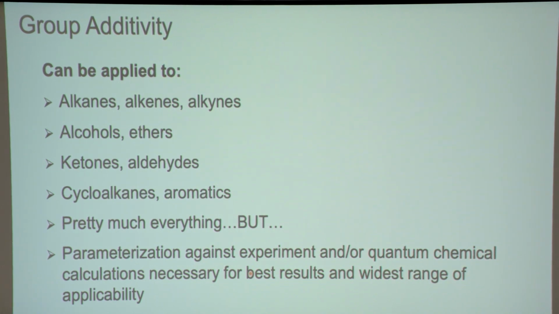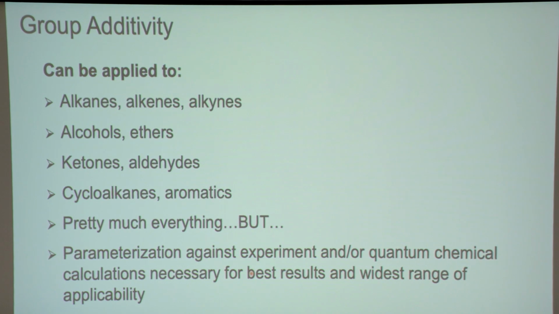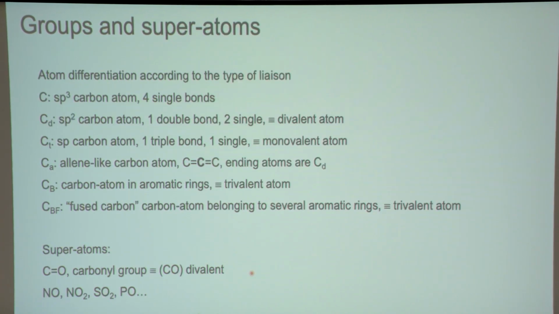But keep in mind, it's all based on the user prescribing the right groups. So if you make a mistake, that mistake is going to be there in your answer. And so it requires some good chemical intuition to calculate these properties well. And then, okay, you can have different types of groups depending on the nature of the bonds that are there.